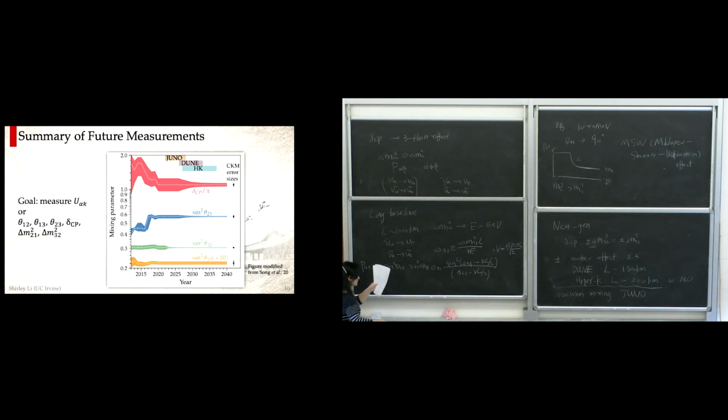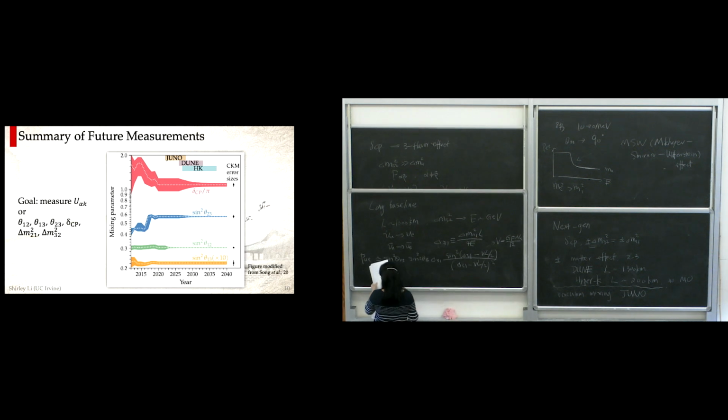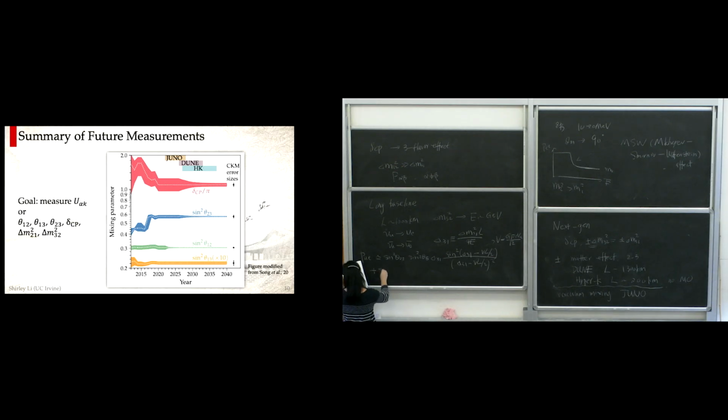So this is the first term. I'm missing a square. And there's a second term. That's not correct. Sine 2 theta 2,3, sine 2 theta 1,3, sine 2 theta 1,2, and then this term.